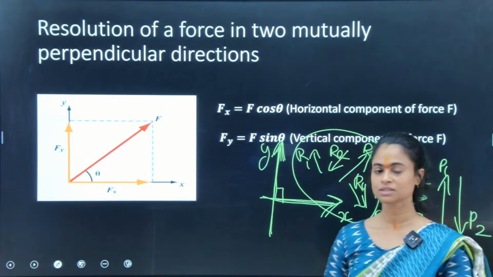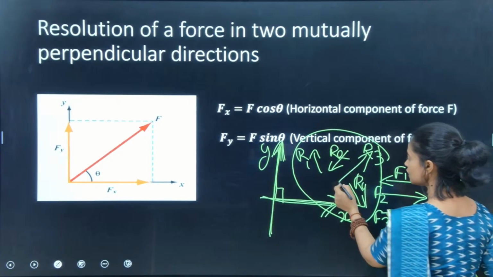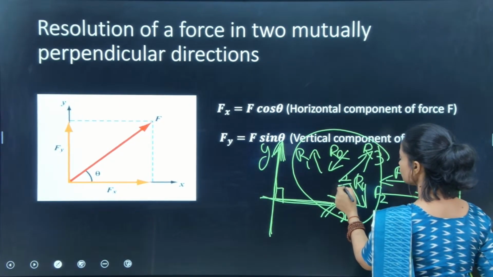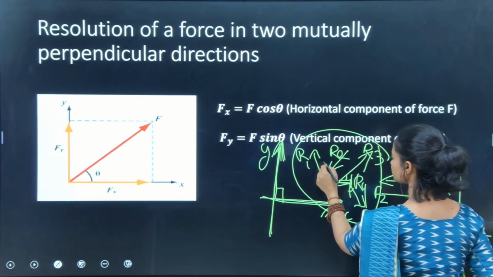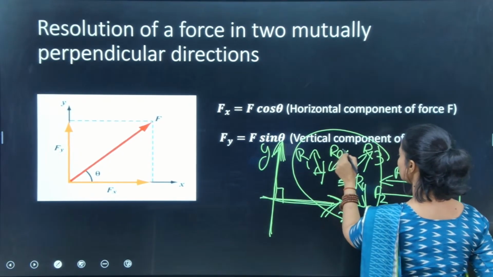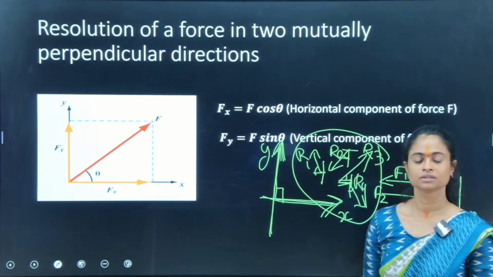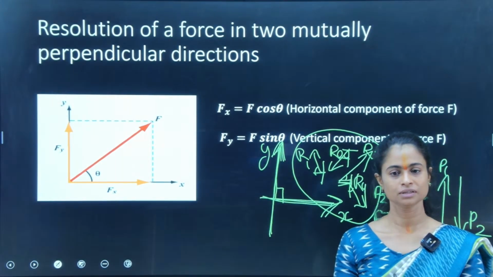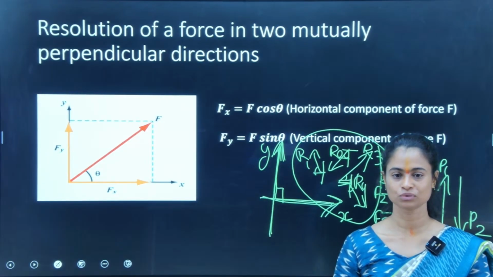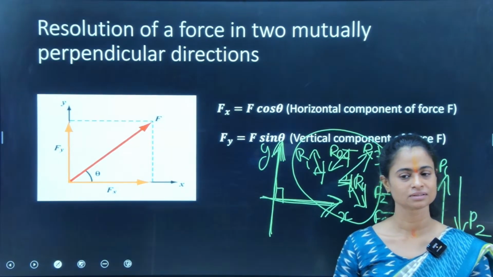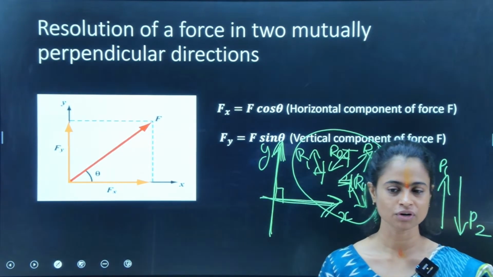This type of force is called an inclined force, because it has some angle of inclination with either the horizontal or the vertical axis. That is why we call them inclined forces. Correct? Any doubt? Shall we move forward?